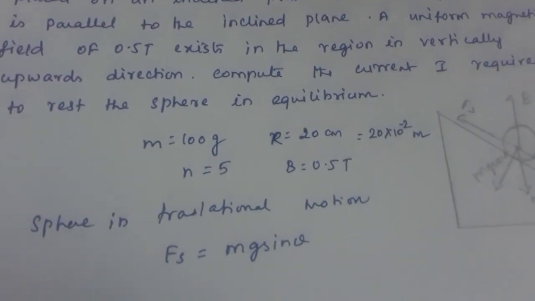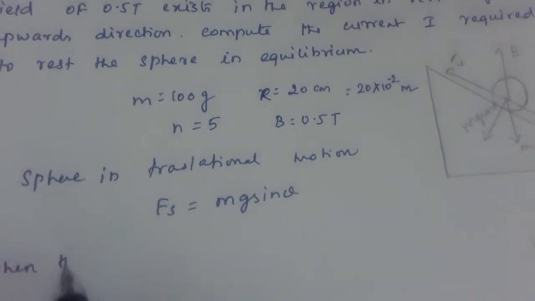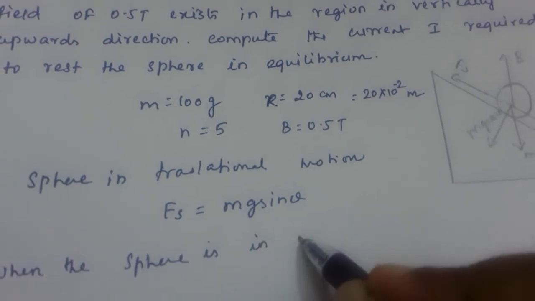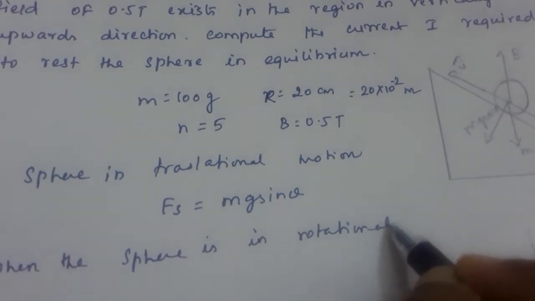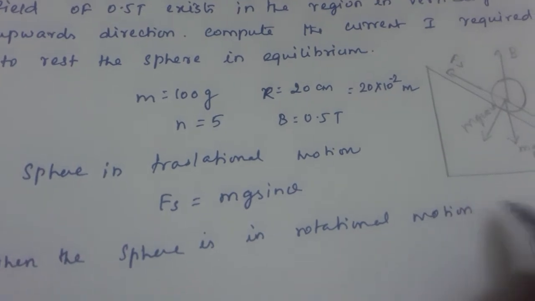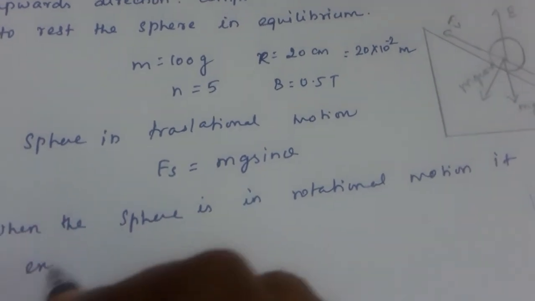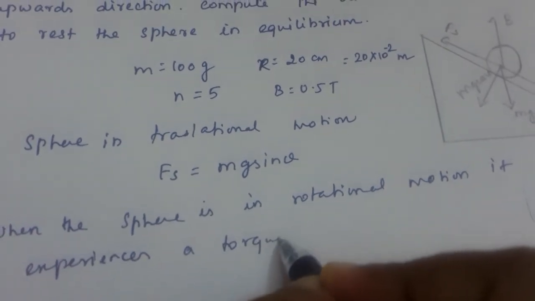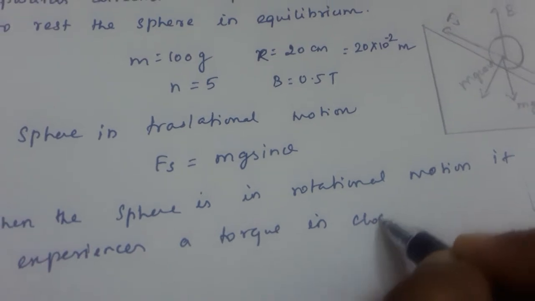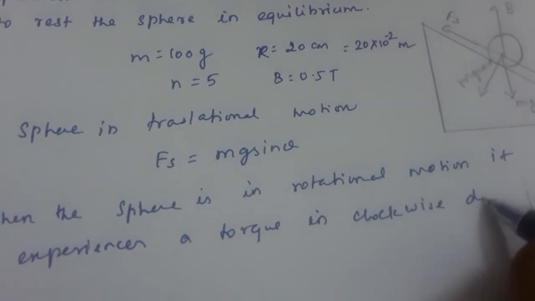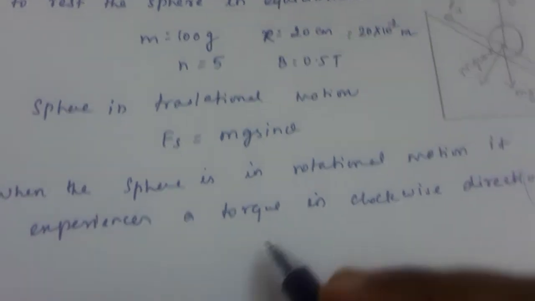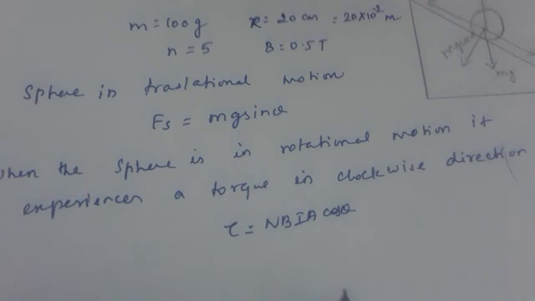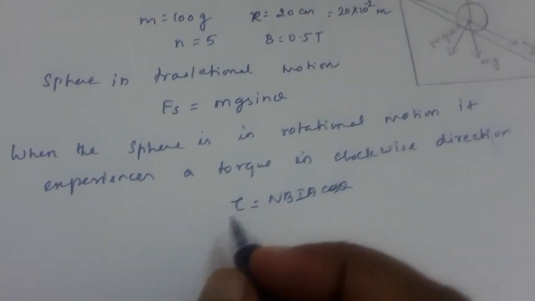Now, when the sphere is in rotational motion, it experiences a torque in clockwise direction. So the torque is given by tau is equal to NBIA cos theta. This is the formula we have learned in the theory. Okay.